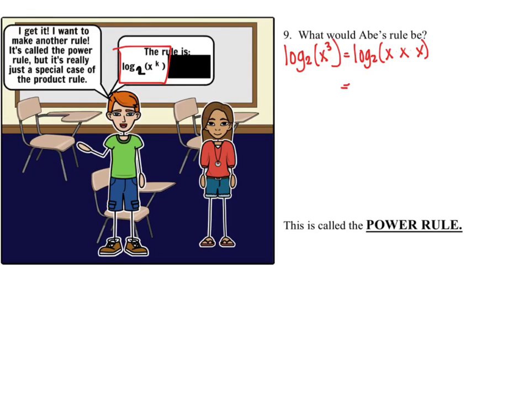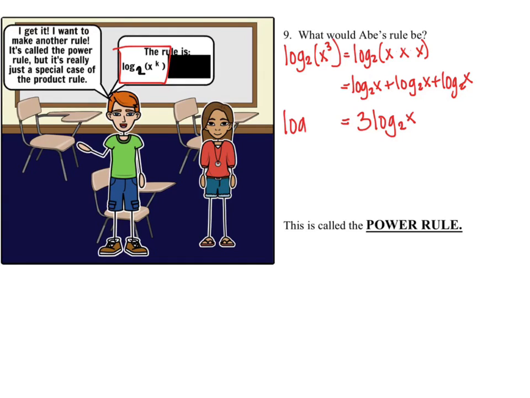My product rule tells me that I can rewrite this as log base 2 of x plus log base 2 of x plus log base 2 of x. This now is just repeated addition. Repeated addition is multiplication. I have 3 logs, so this is 3 times log base 2 of x.